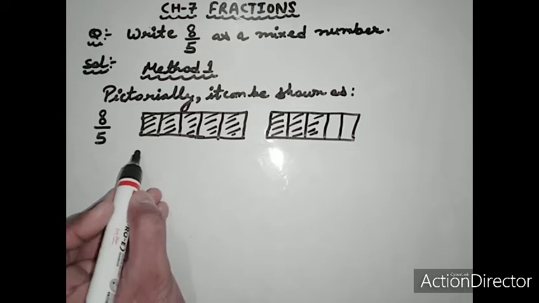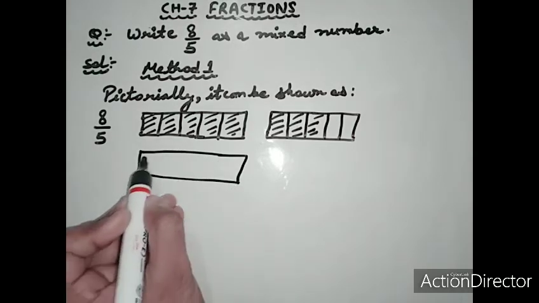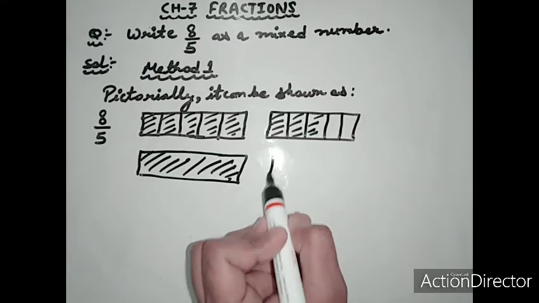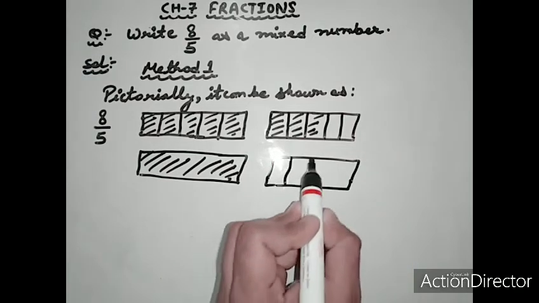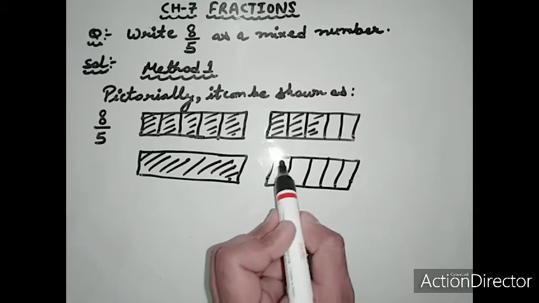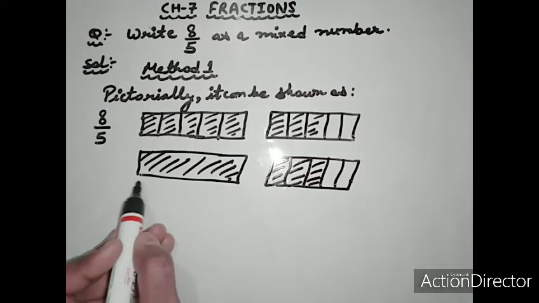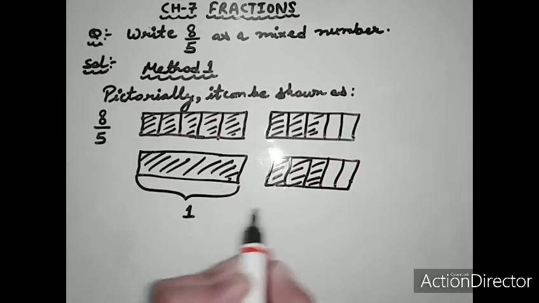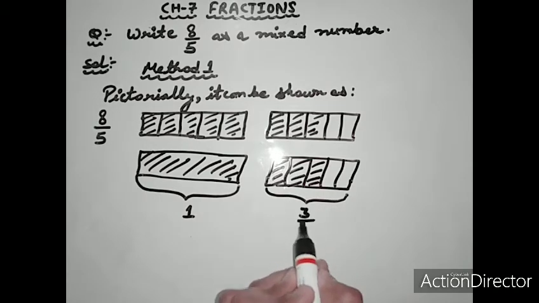Now we represent it like this. Here we take 1 whole part, and on the other side is the fraction part, 1, 2, 3, 4, 5. This figure represents one whole part and this figure represents the fraction part 3 upon 5.